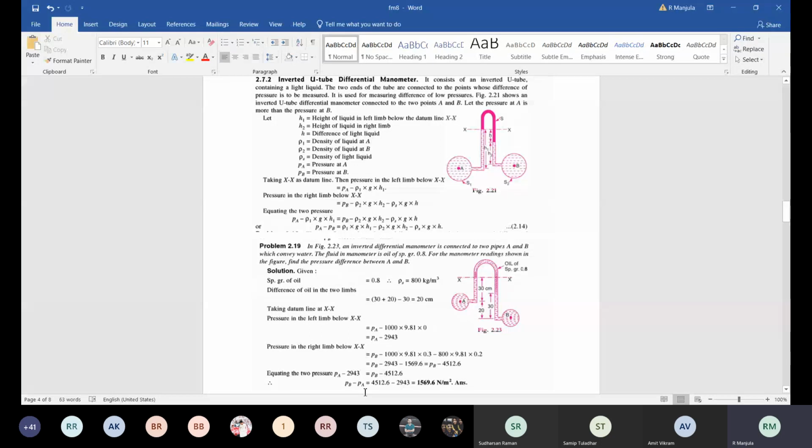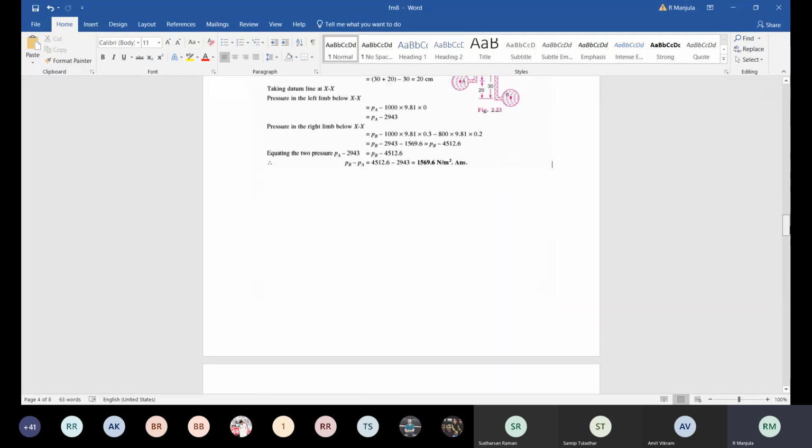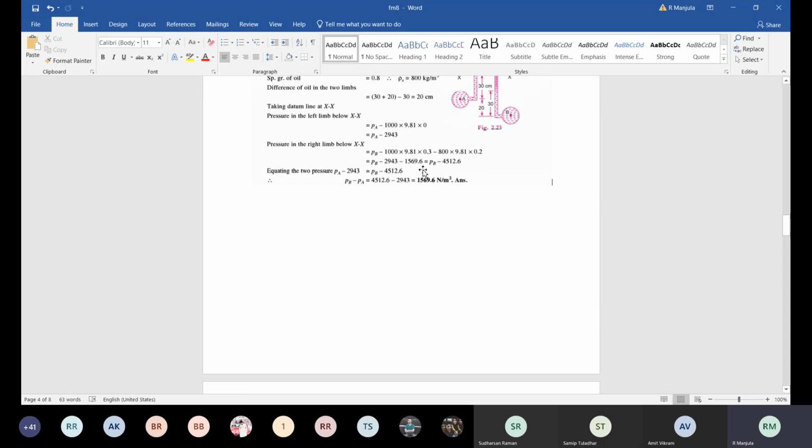Hence, equating the pressures, and because this side has the higher value, PB minus PA is equal to the difference of these two values, and you will get the difference of pressure as 1569.6 Newton per meter square. So, similar to the U-tube differential manometer, for the inverted U-tube you also only have to write the manometric equation.